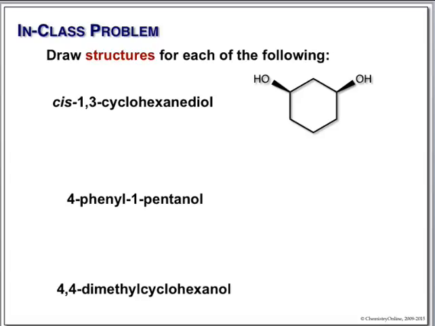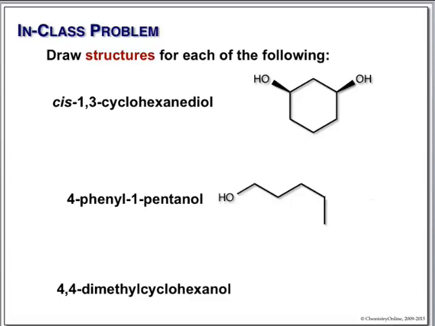Remember, in Chapter 14, you will learn that a phenyl group is basically a benzene ring. This is a 1-pentanol. So we're going to start off with a parent chain with 5 carbons. And one of the terminals is simply going to have the hydroxyl group.